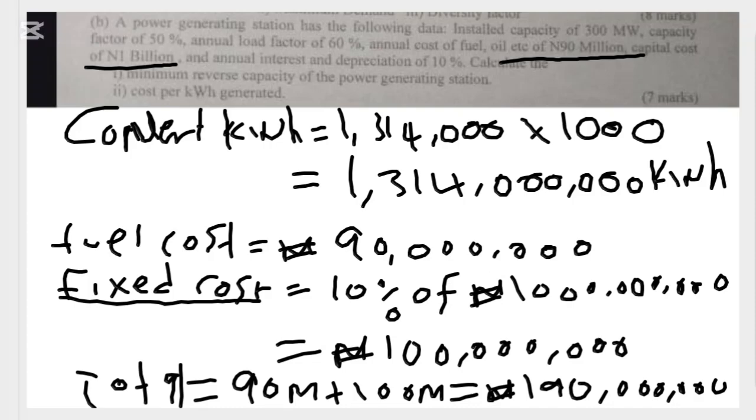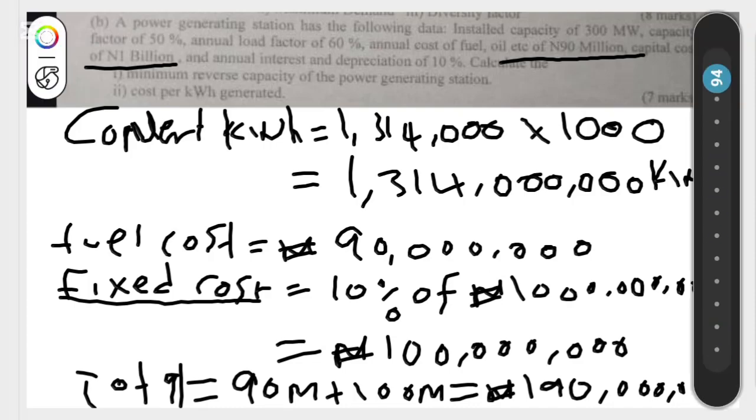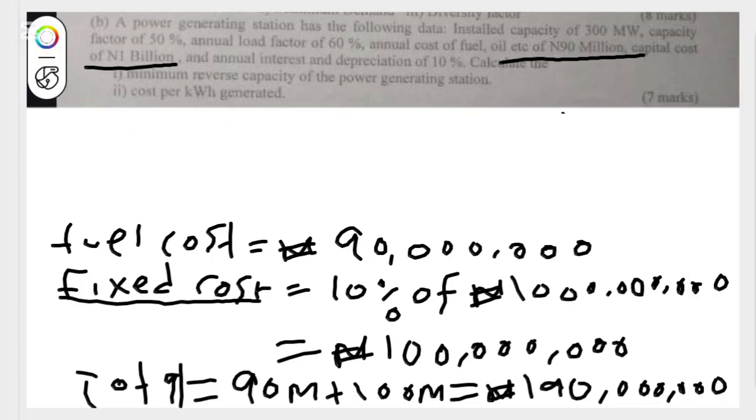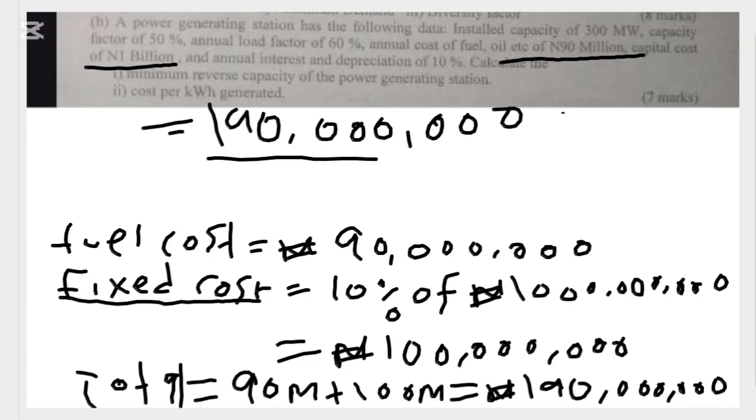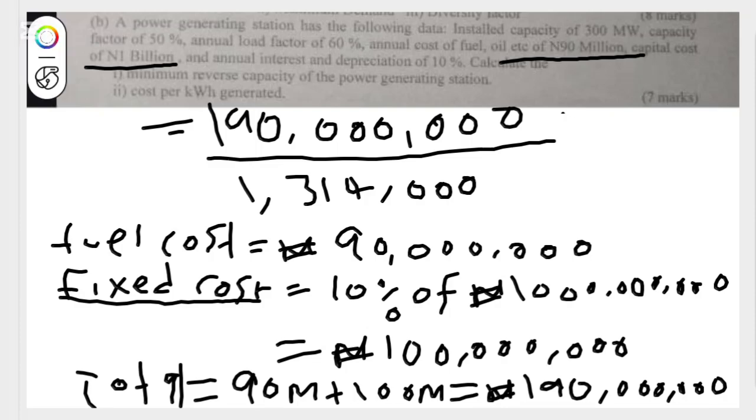If you could recall, the energy I found is 1,314 million kilowatt hours. So the cost per kilowatt hour is 190 million divided by the energy, 1,314 million.